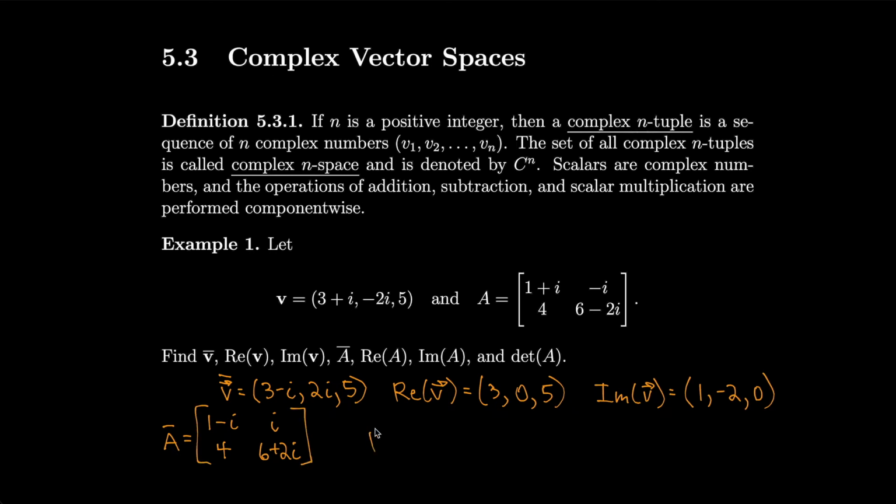Then if we want the real part of A, that would just be 1, 0, 4, 6. And if we want the imaginary part of A, then that's just 1, minus 1, 0, minus 2.